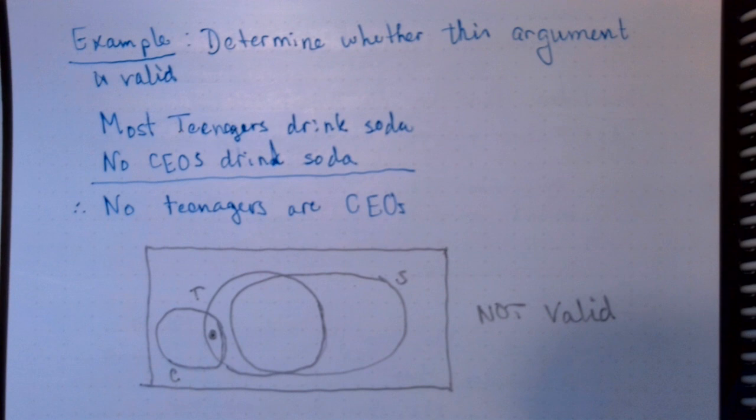Okay, so that is another tool for helping you determine whether an argument is valid. So we have truth tables, we have the standard forms, and now we have these circle diagrams or Euler diagrams.